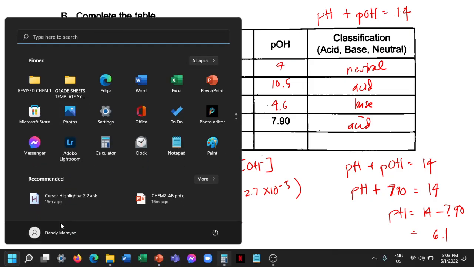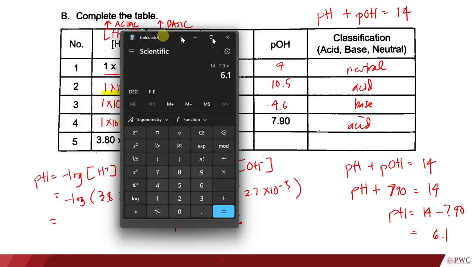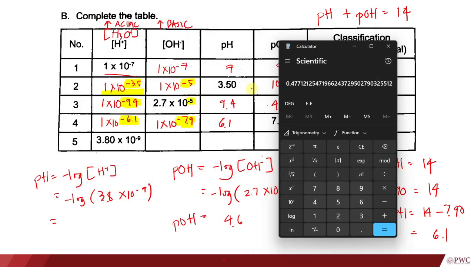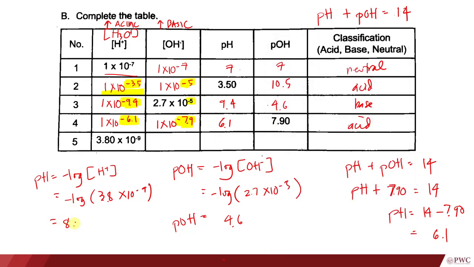Let's use our calculator. That's 3.8 times 10 to the power of negative 9. The log of this is equal to negative 8.4. Then we have the negative log, that will be positive 8.4. So here the pH is equal to 8.4.